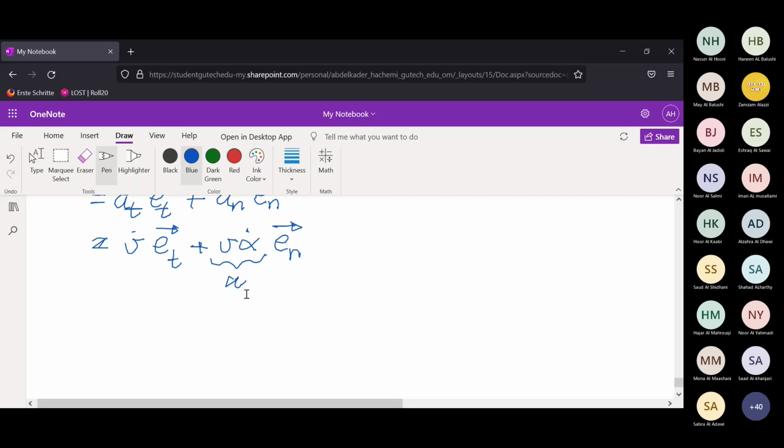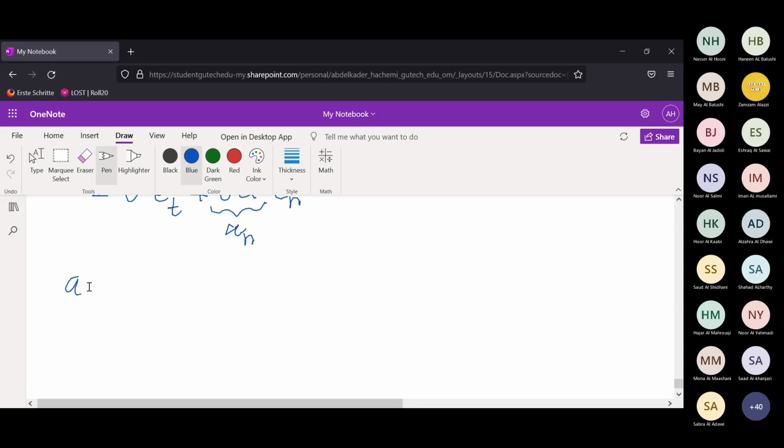Now we can write here that e_n is equal to v e dot t, and here e dot t we can write by alpha dot e_n.